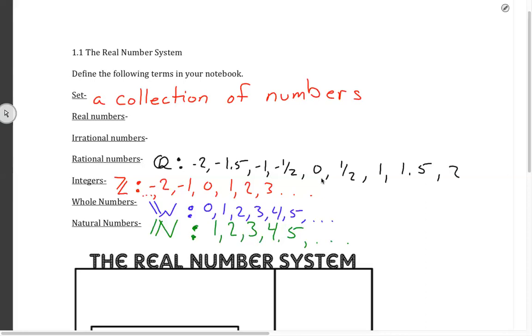Okay. Franklin, what about you? Do you know the difference? No, I don't remember. That's okay. I'm completely cool with that. This stuff's new. Hannah, do you know the difference? Can't rational be like a ratio and irrational can't?